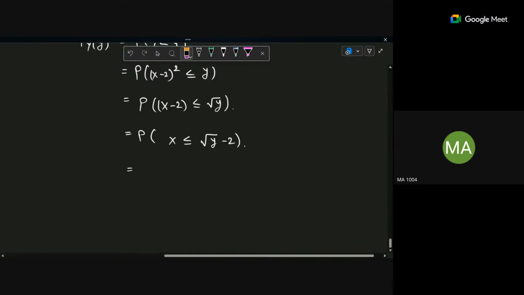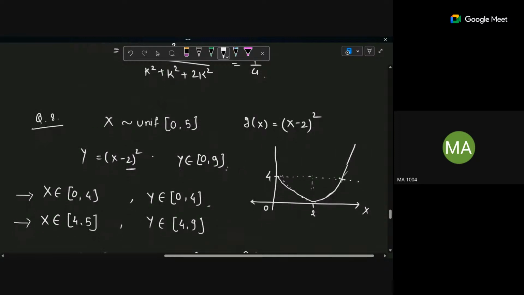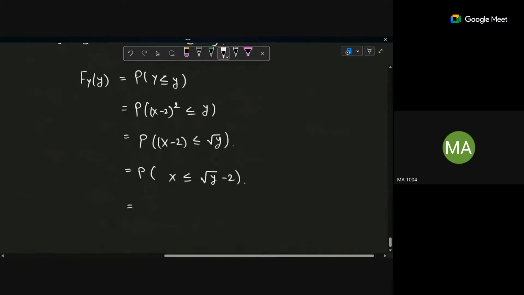For this portion, when x is taking values after this point, the graph is not symmetric, so there is no need to take the integration over the negative side.